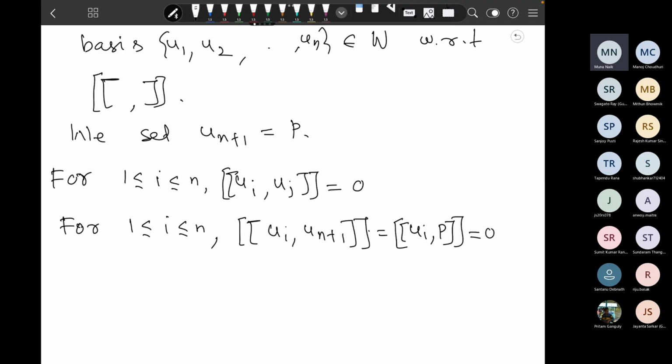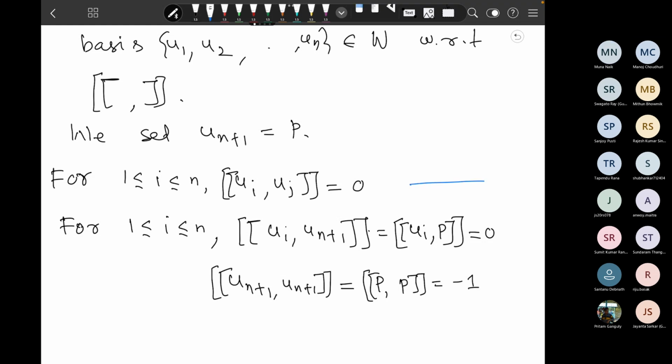So now, un+1, this is really <p, p>, and this is equal to minus 1. Now look at this condition. Let us say this is a, this is b, and c.